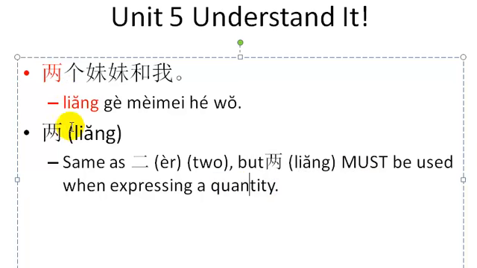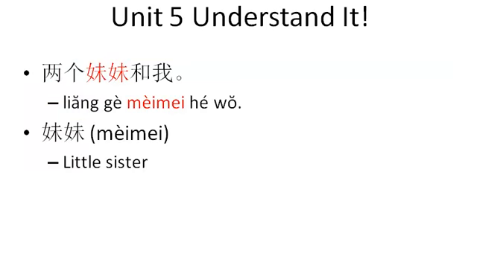So we have 两个妹妹和我. So 2 of something, 2 meimeis. What are meimeis? Well, you've learned big sister, you've learned big brother, you've learned little brother, so what's left? Meimei is little sister. 两个妹妹和我. 我, you know, is I or me.